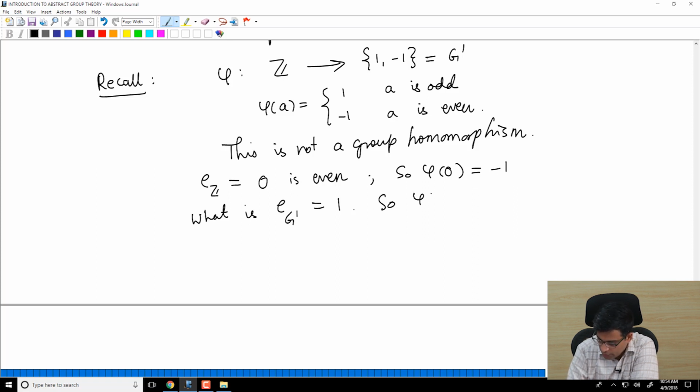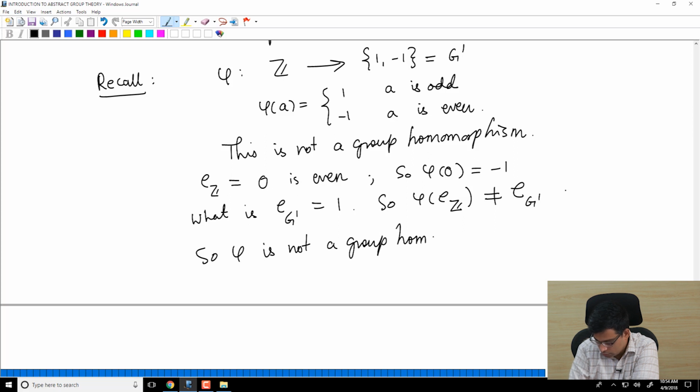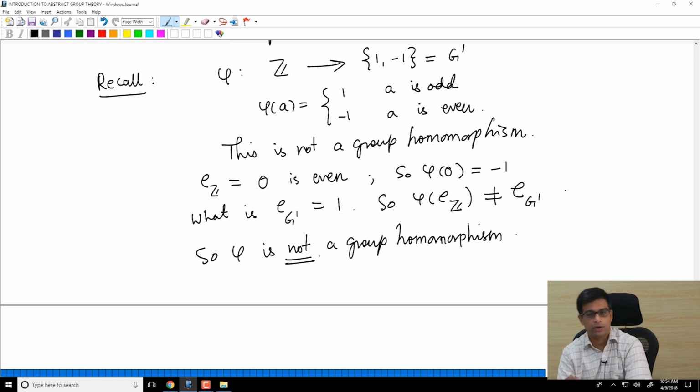So phi of e_Z is not equal to e_G prime, and phi is not a group homomorphism. We don't need to check anything more. You simply check that the identity element does not go to the identity element, and then it cannot be a group homomorphism.